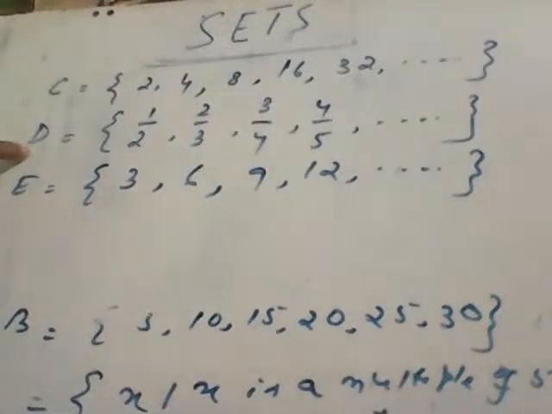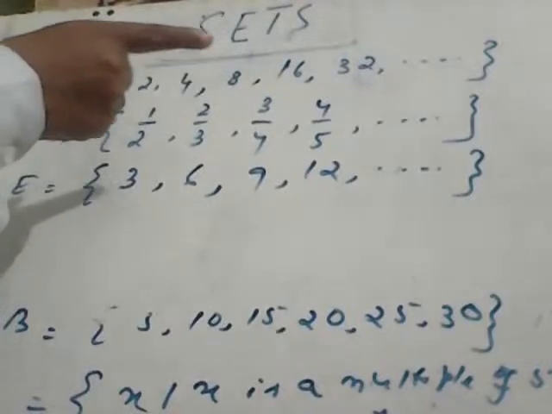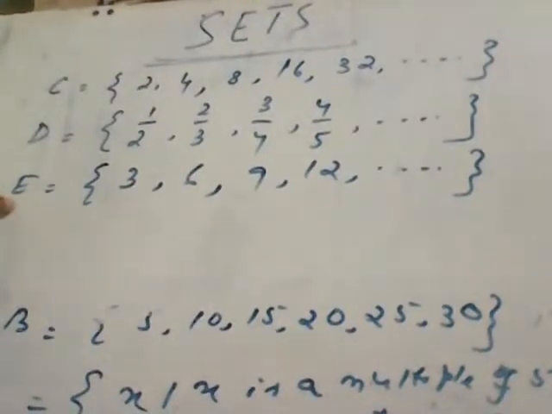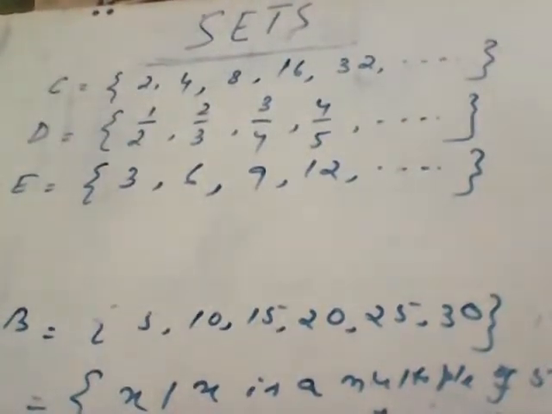D is 1 by 2, 2 by 3, 3 by 4, 4 by 5 and so on. Set E: 3, 6, 9, 12 and so on. Write these three sets in set builder form.